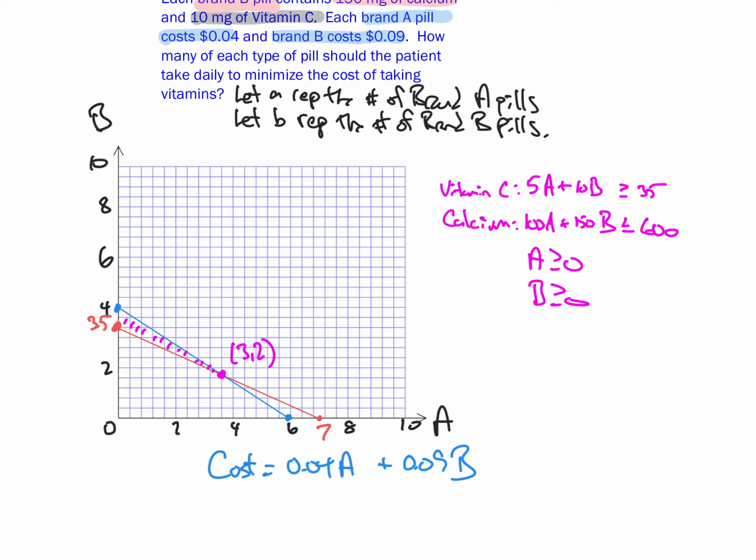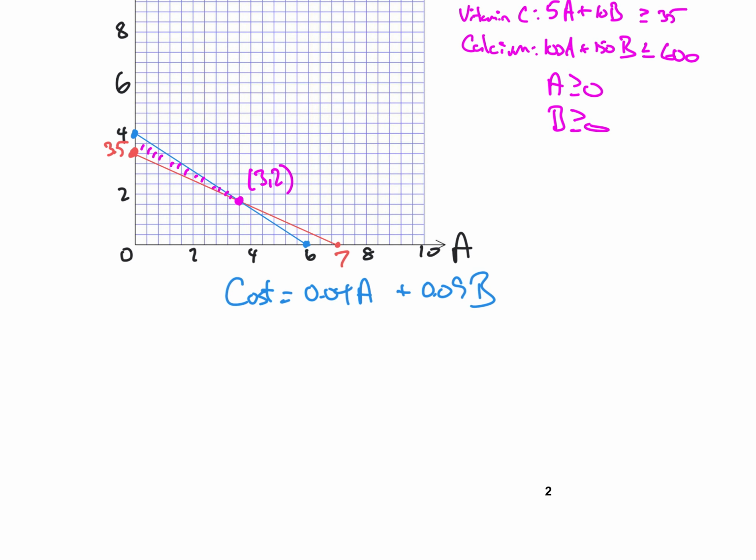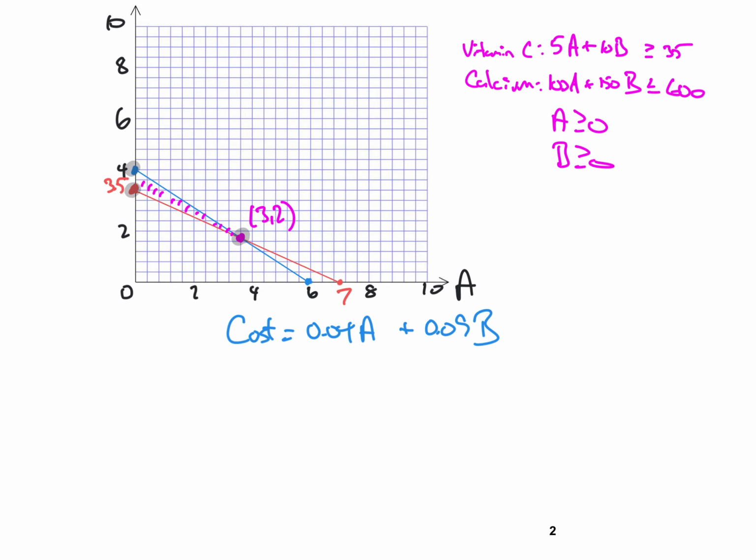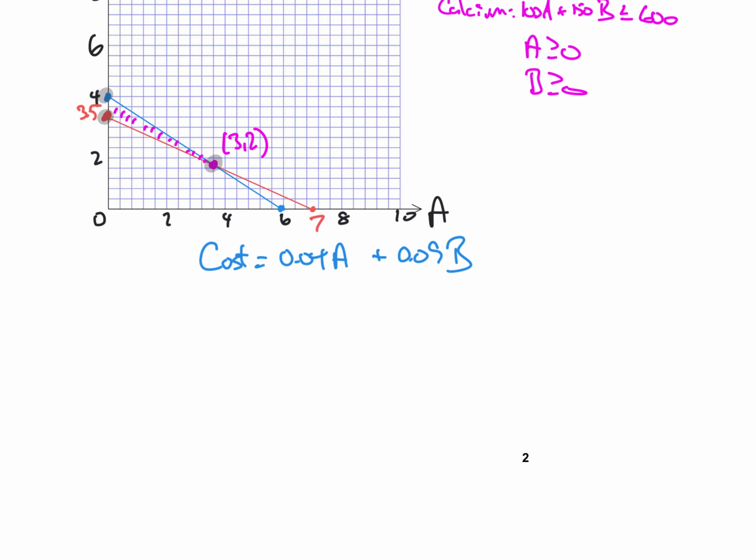This object is a triangle, so the corner points are here, here, and here. Those are your only corner points. So the corner points are 0 and 3.5, 0 and 4, and 3 and 2.